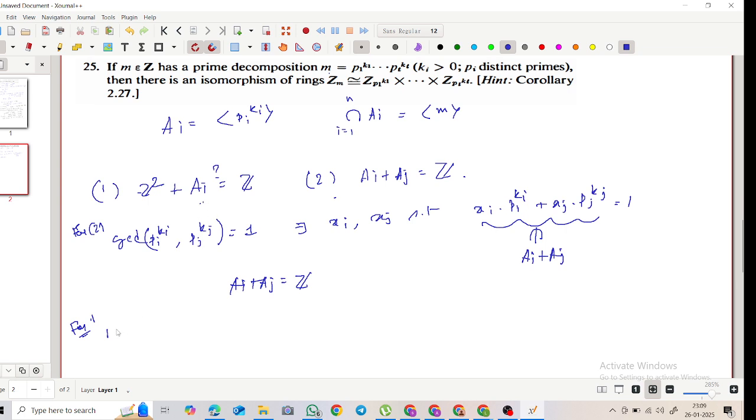From Ai you will of course take pi to the power ki, which belongs to Ai. But can you tell me what I should take from Z square? What should be the element from Z square that I should be picking?